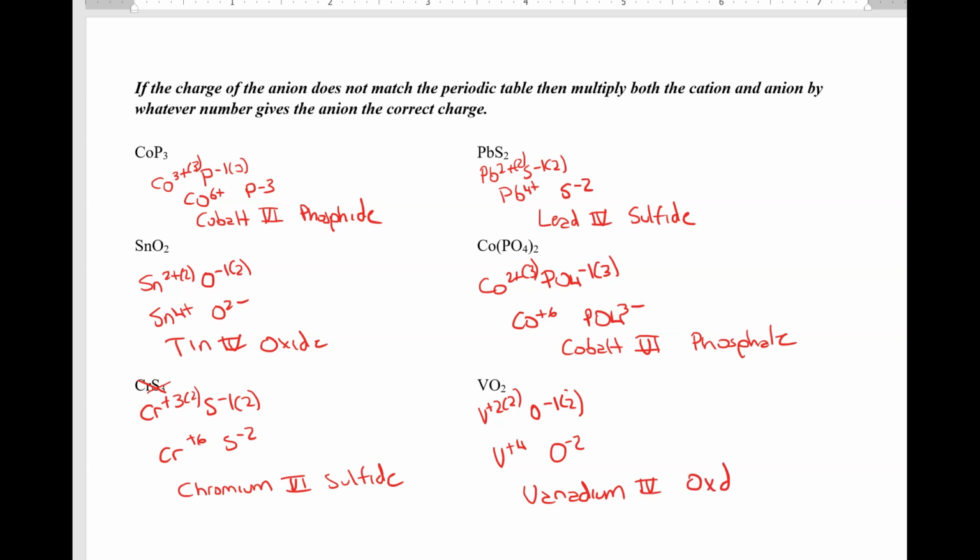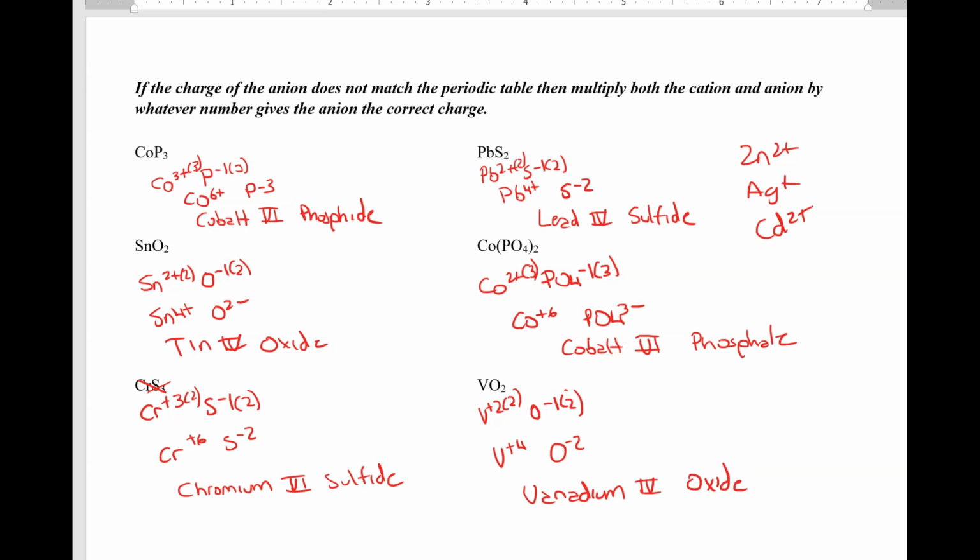So you can see the really difficult ones is when you don't have group 1A, 2A, 3A, or zinc, silver, because in those situations, with at least these ones that set charges, you have to sit there and try to figure out the charge and do this whole crisscrossing thing, and your life becomes easier. But whenever it's not 1A, 2A, 3A, or zinc, silver, you have to actually crisscross.